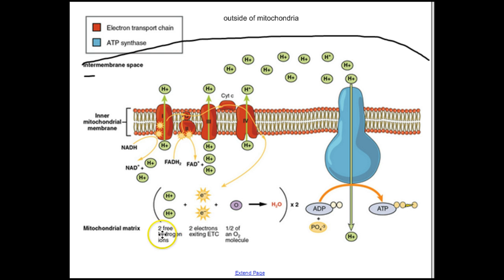So 2 free hydrogen ions, remember these are just the protons, and 2 electrons that are exiting this complex come back together to make neutral hydrogen, right? 1 proton plus 1 electron. And they come together with oxygen to form our molecule of water. Okay, and so for every one pass through of this, we end up with 2 molecules of water. And you'll see in our summary as well how many ATP are formed during this process.